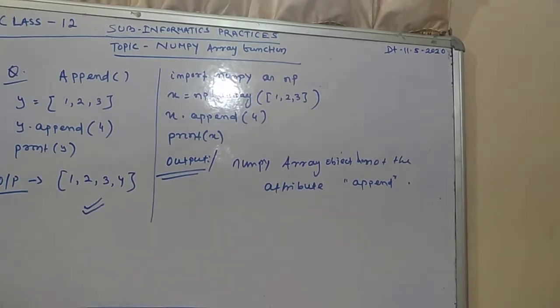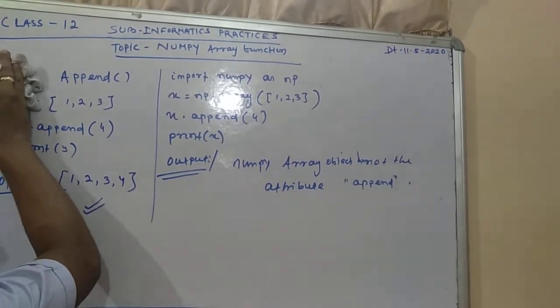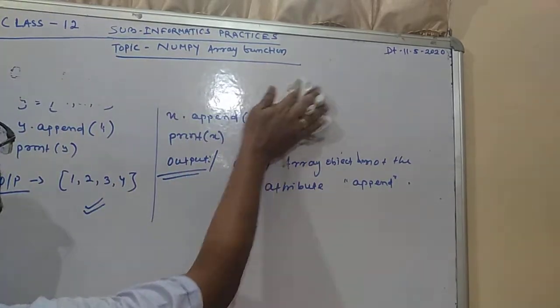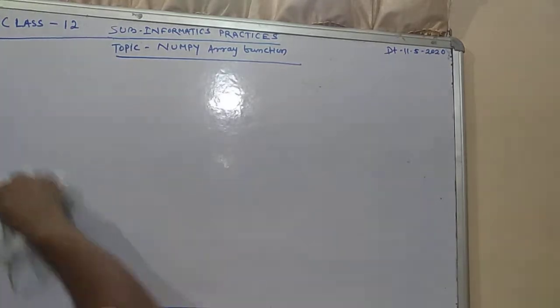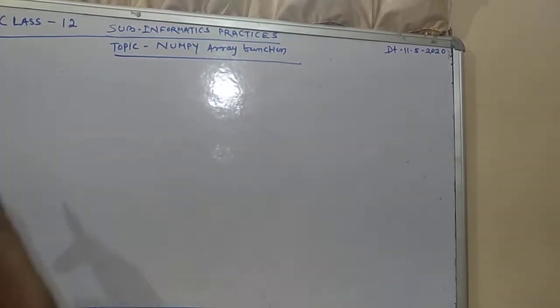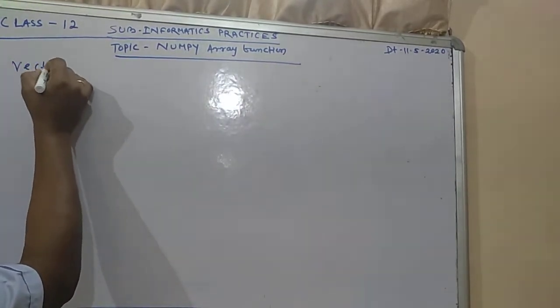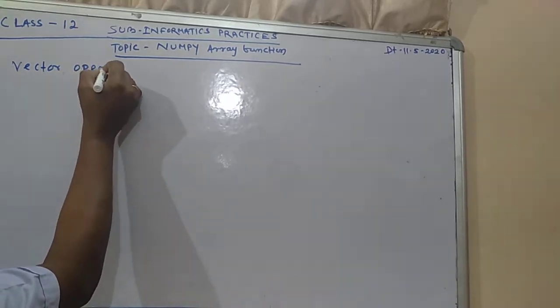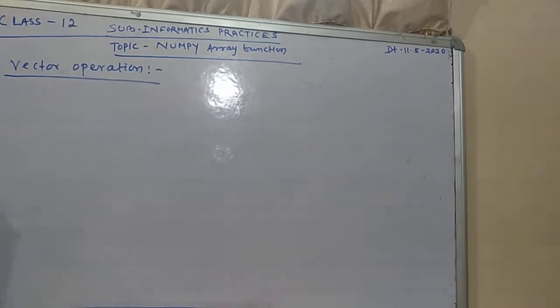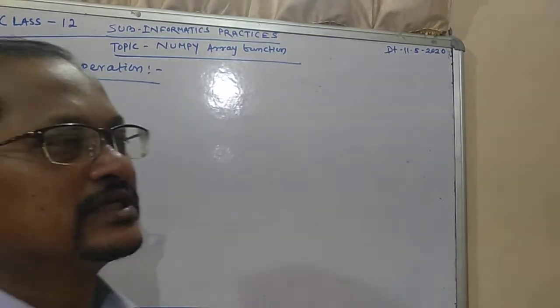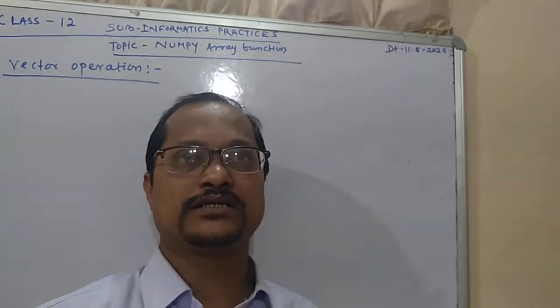Okay. Next question. This question you have already understood? The second part is vector operation. Vector operation means elementary operation: any addition, subtraction, or anything else you want to do is called a vector operation.